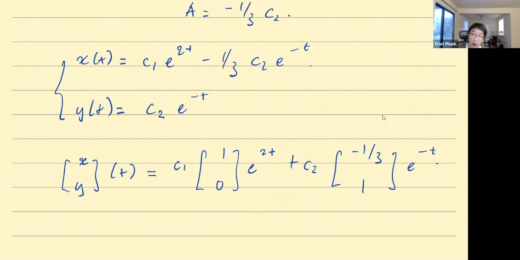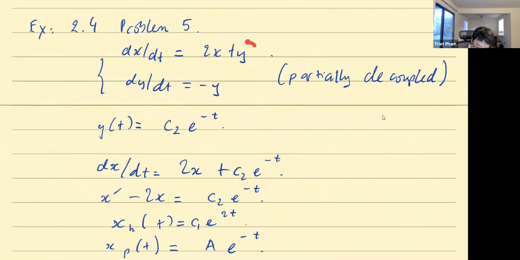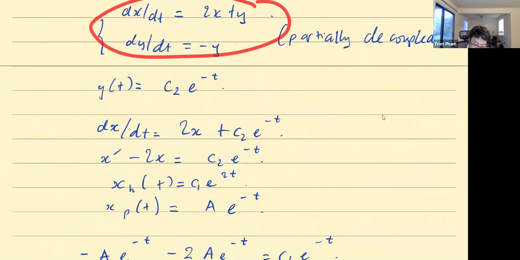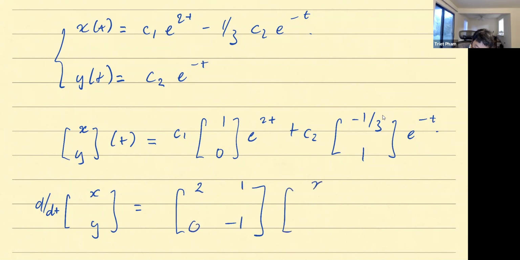And also a sneak preview, the previous system will be written as d over dt of (x, y) equal to the matrix (2, 1; 0, -1) times (x, y).